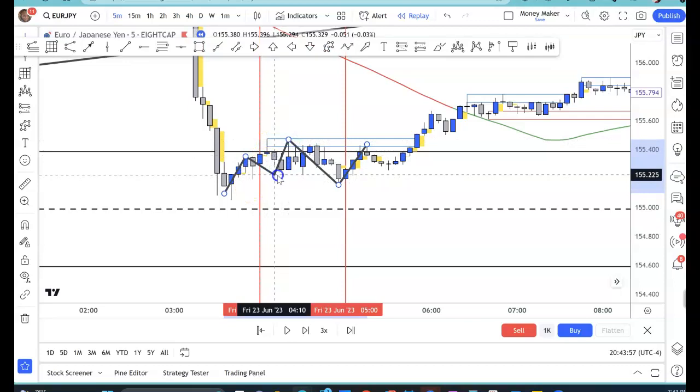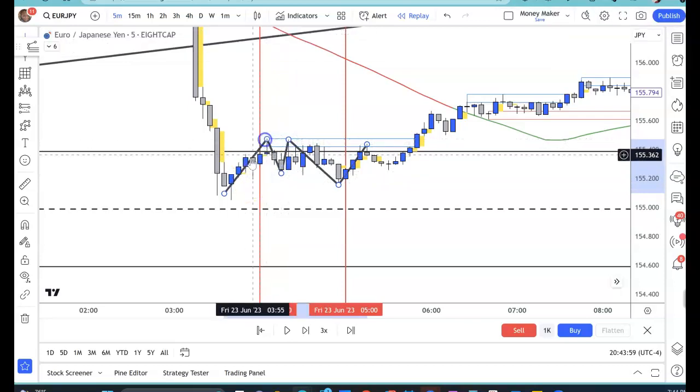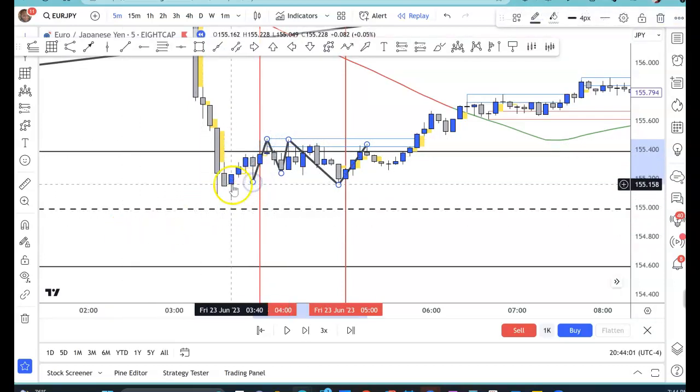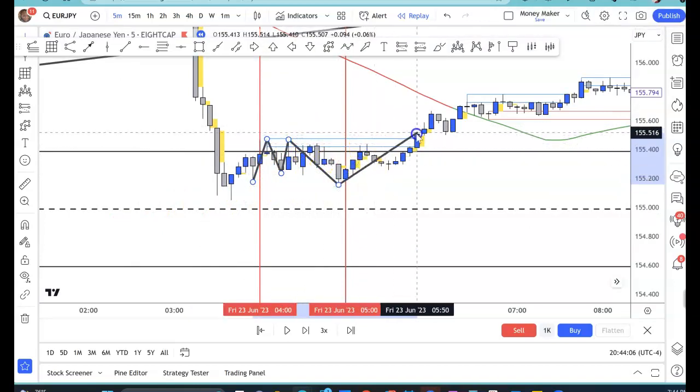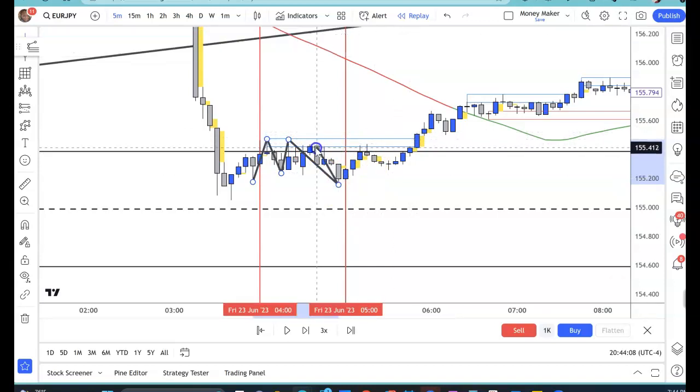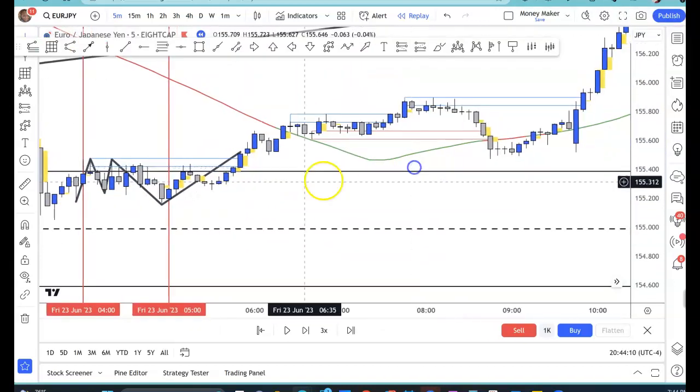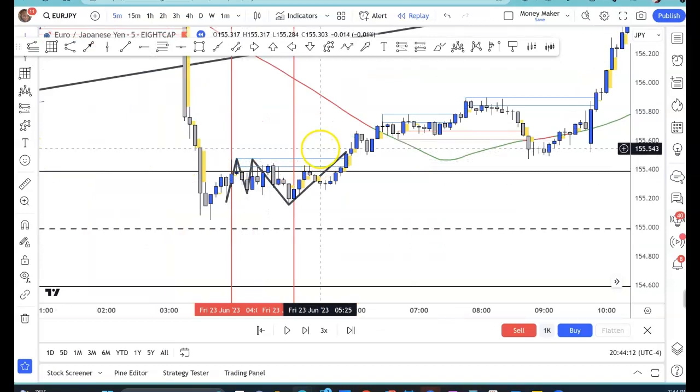Actually, let's adjust. Let's start from this pullback. Okay. And then you get the break. You get your breaker structure, okay?